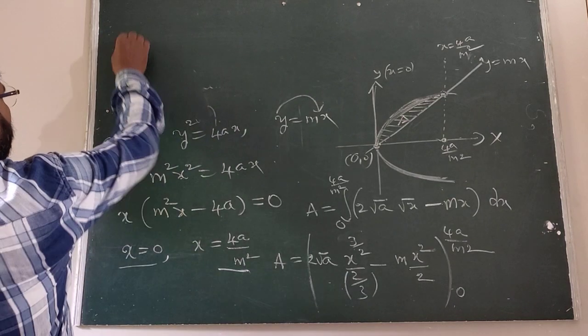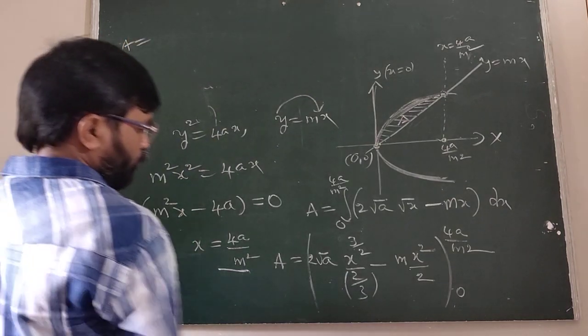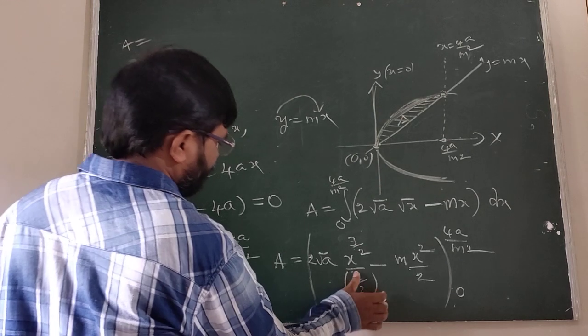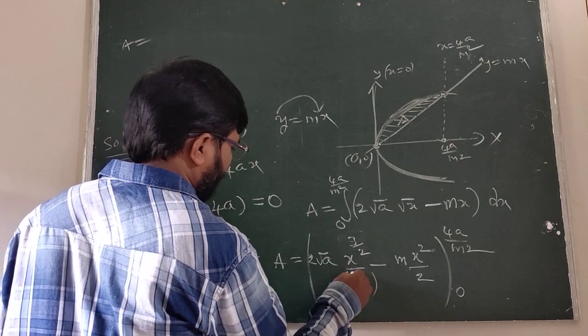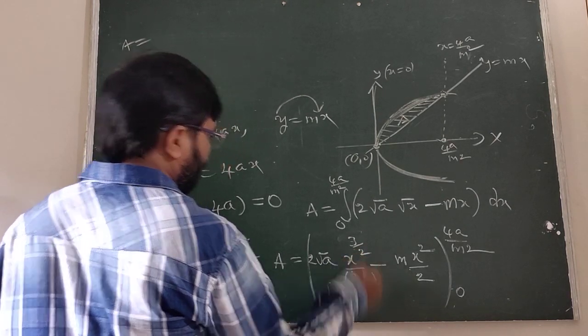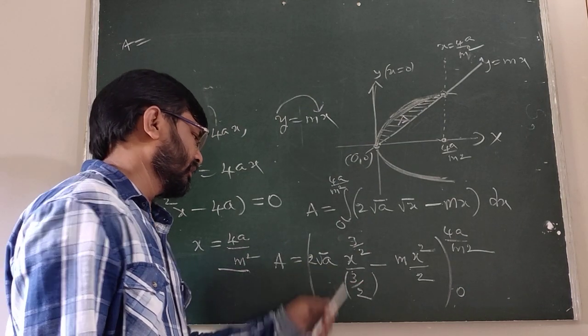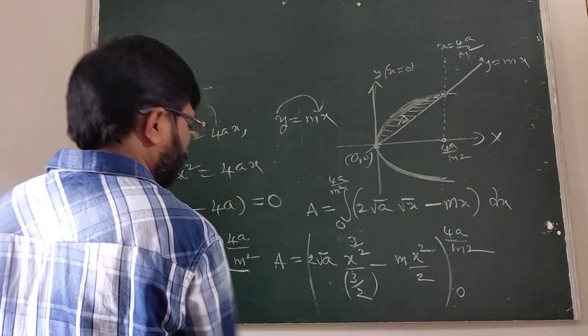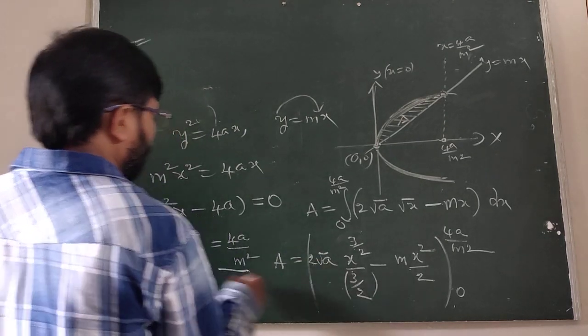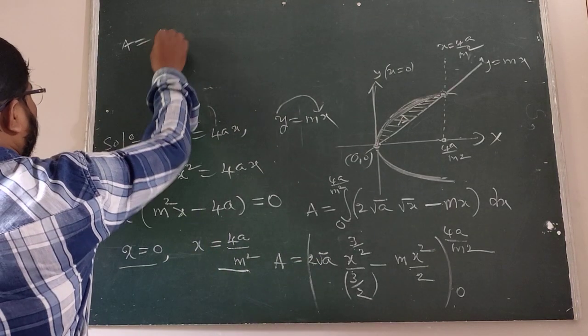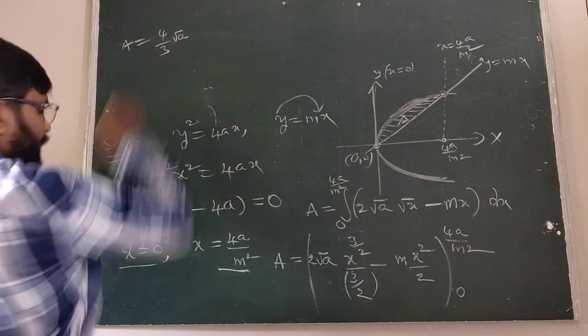How to write the required area? A equals 2 root a into x power 3 by 2 by 3 by 2. The integral form is x power n plus 1 by n plus 1. The 2 goes to the numerator, 2 into 2 is 4, so 4 by 3 root a.